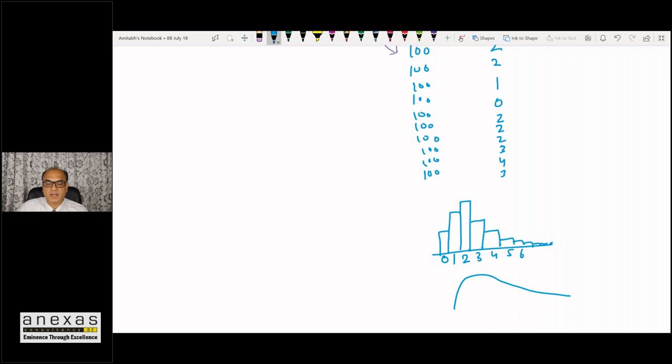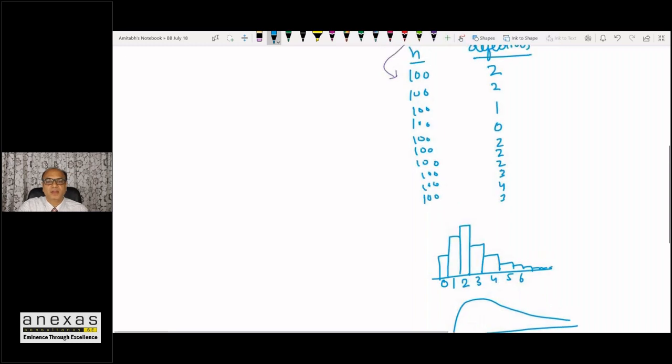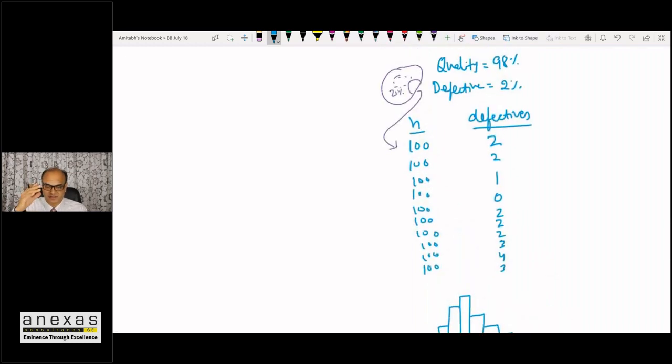Now I have drawn this distribution, but it doesn't mean that the shape of the binomial distribution is always like this. No, it keeps changing with the proportion of defectives. Suppose you have 50% defectives in your process.